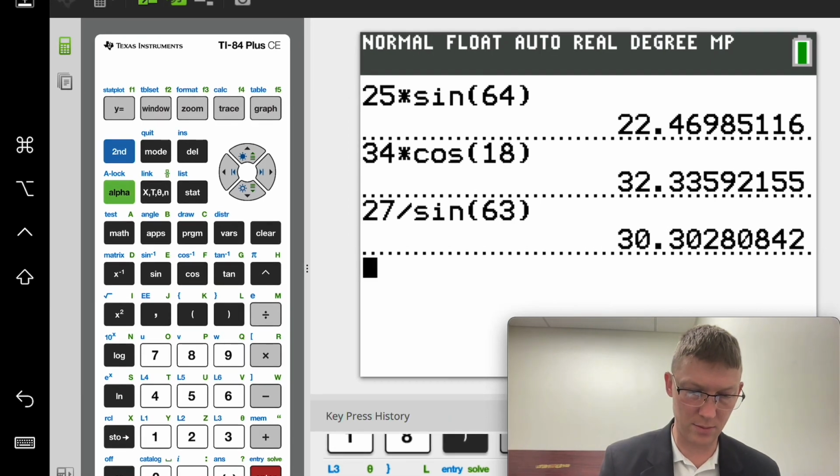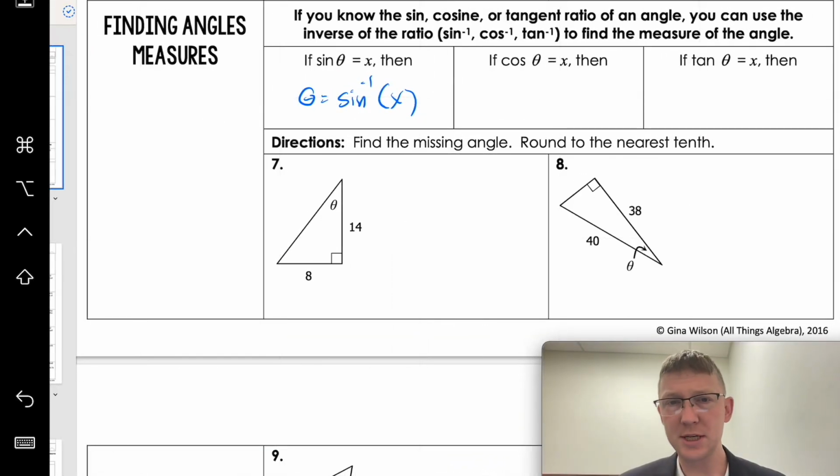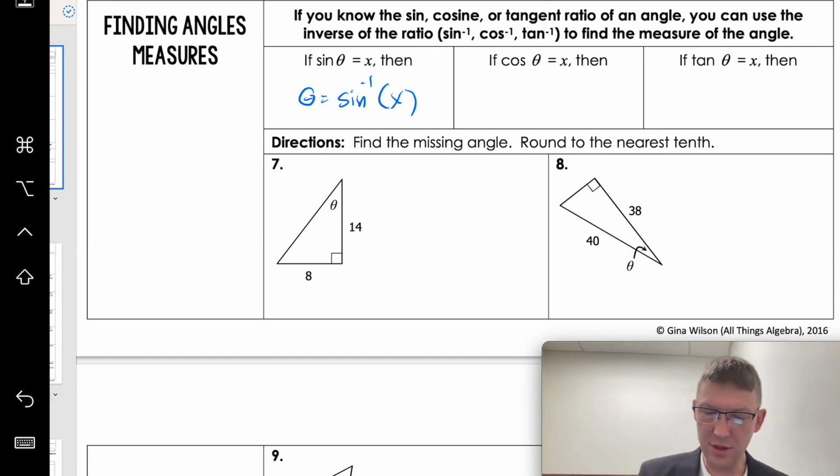No problem. So up until now, we've been dealing with, okay, we have an angle and a side. How do we find that second side? Well, what happens if we have two sides and we want to find that angle? Well, sine, cosine, and tangent can still help us do that. But this time, we're just going to use the inverse. So if sine of theta equals x, then theta equals sine inverse of x.